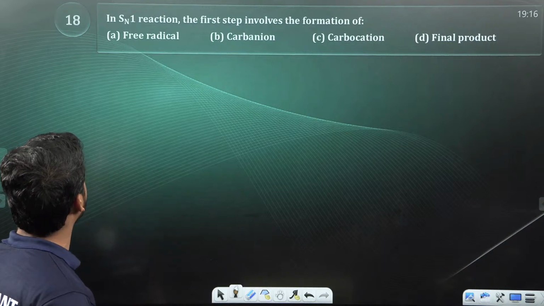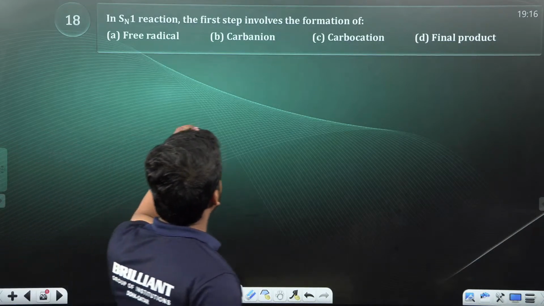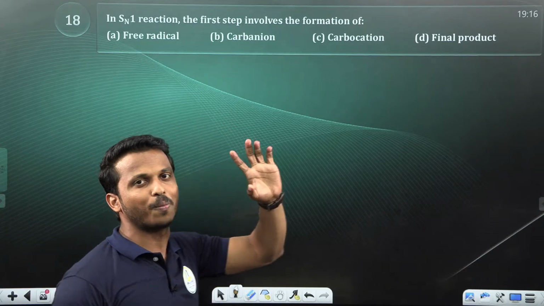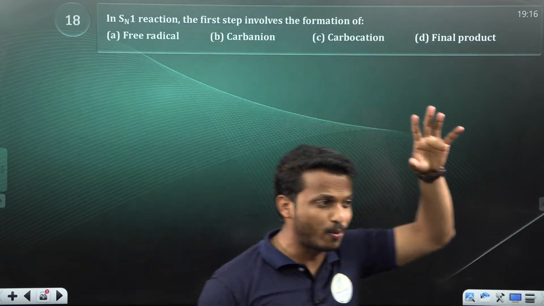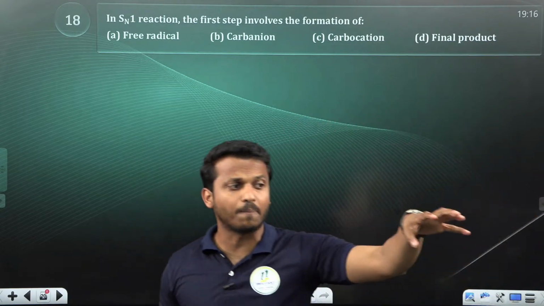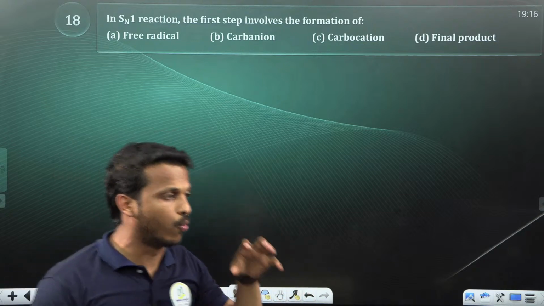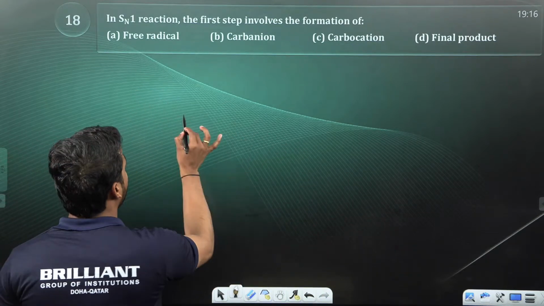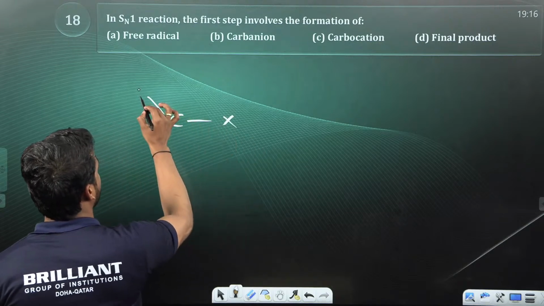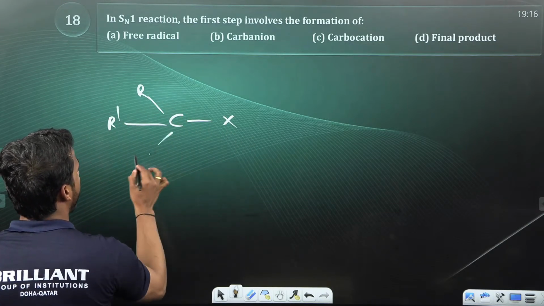Next question for you. In SN1 reaction, the first step involves the formation of what? What is the simple question? Come on, all of you, what is the answer? In SN1 mechanism, you know the haloalkane you consider first, R', R''.